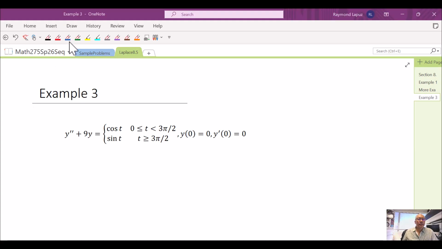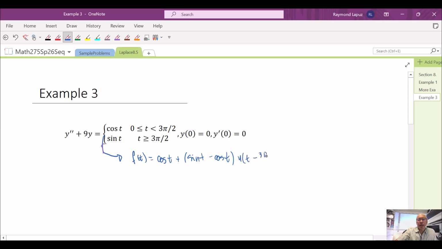All right. In the real world, we are looking at this function here, f of t, and writing it as a step function. So this will be cosine t plus the sine t minus cosine t, u of t minus 3 pi over 2.